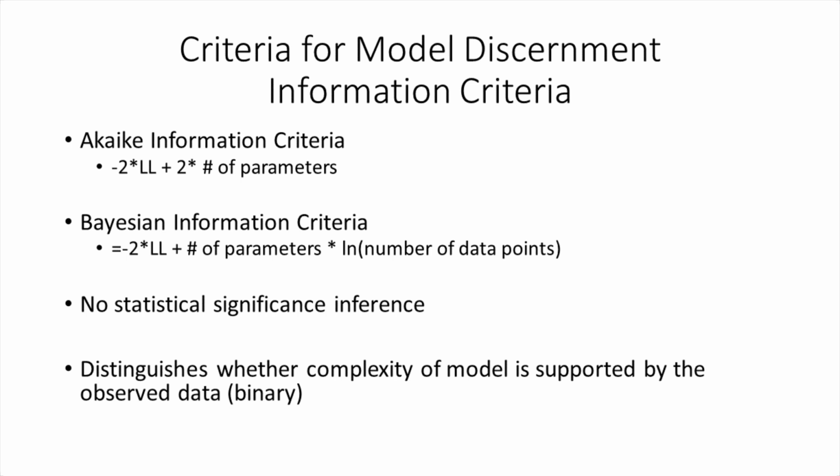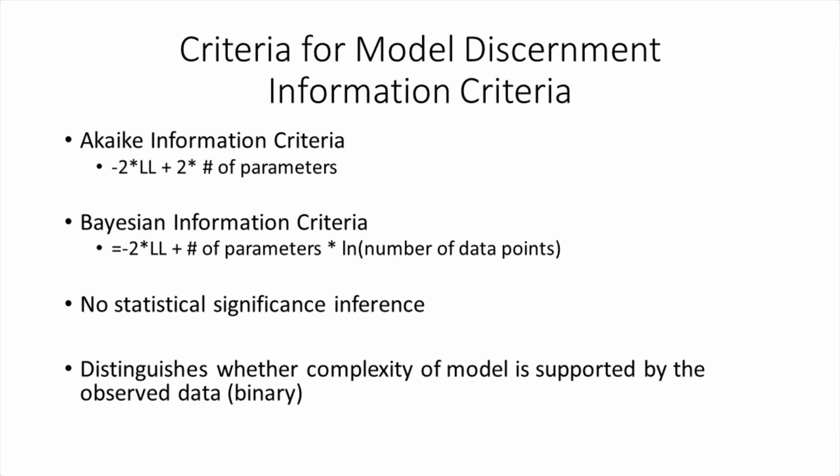Similarly, the Bayesian information criteria, sometimes called the Schwartz-Bayesian criteria, is a function of the -2 log likelihood plus a penalty that comprises the product of the number of parameters multiplied by the natural log of the number of data points. So here you have a combination of number of parameters and number of data points.